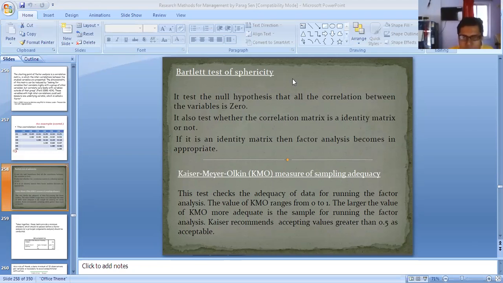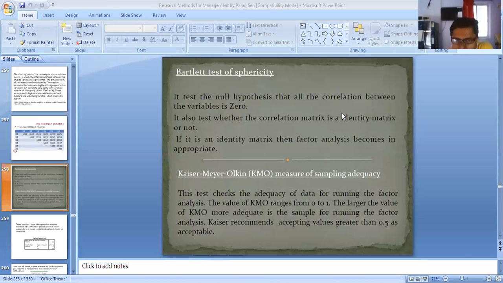Bartlett's test of sphericity tests the null hypothesis that all the correlations between the variables are zero. It also tests whether the correlation matrix is an identity matrix or not. If it is an identity matrix, then factor analysis becomes inappropriate.